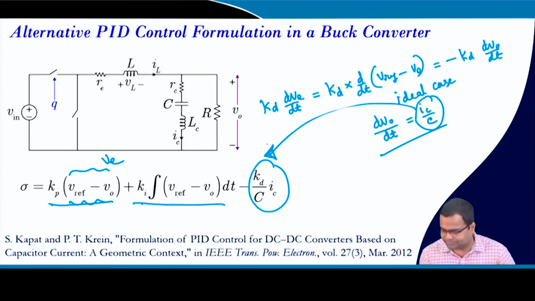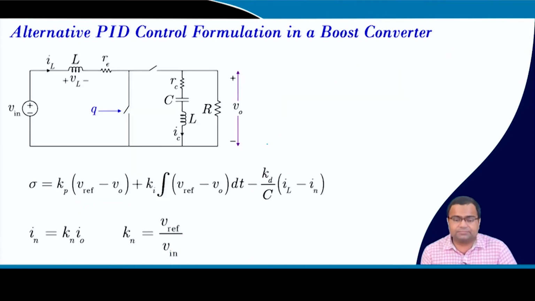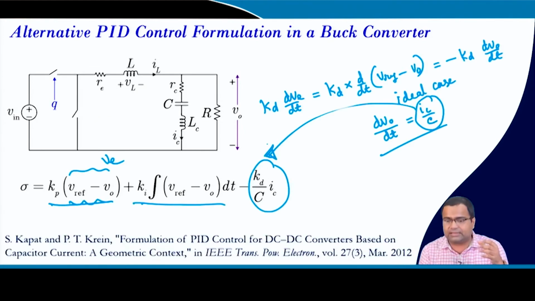That is possible. But if you take a boost converter, as I said, the capacitor current during the on phase is nothing but minus load current, and during the off phase it is IL minus I0.